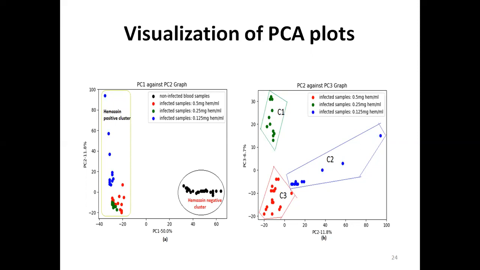What we found is that when we take the first principal component and second principal component, we could isolate hemozoin negative samples from hemozoin positive samples. And when we take the second principal component against the third principal component, we could isolate different concentrations of hemozoin infected blood.